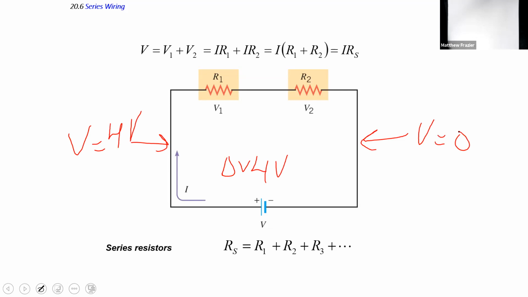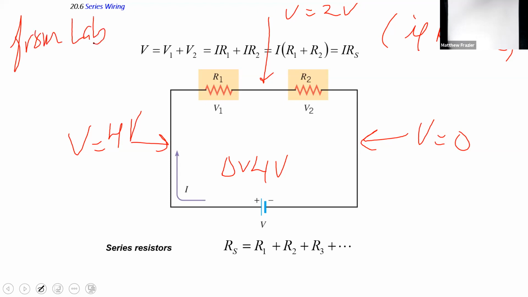So this wire here should be at V is 2 volts, if R1 is R2. All right, this is from the lab. At equal resistances, we can identify one conductor at 4 volts, another conductor in here at 2 volts, and then the third conductor at 0.